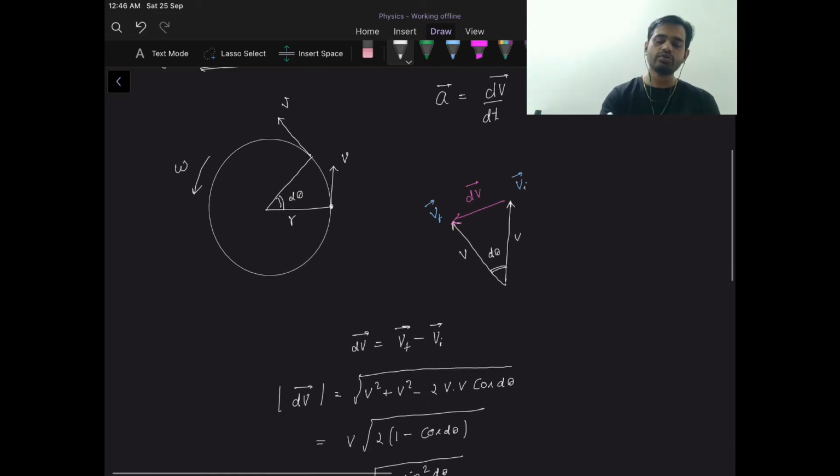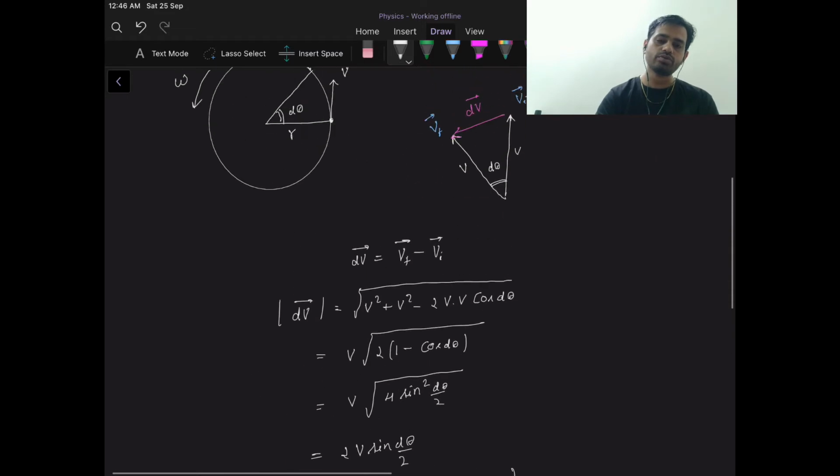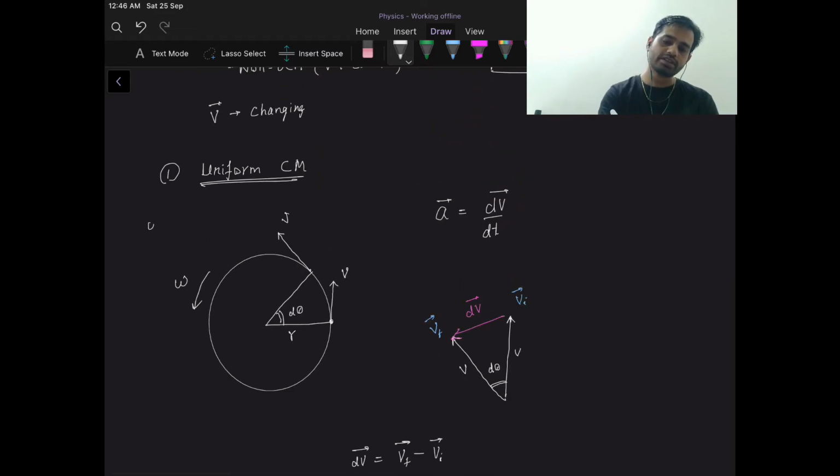And we already know that omega can be written as d theta by dt, so d theta will be equal to omega into dt.